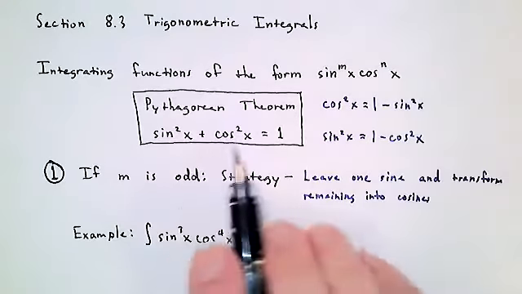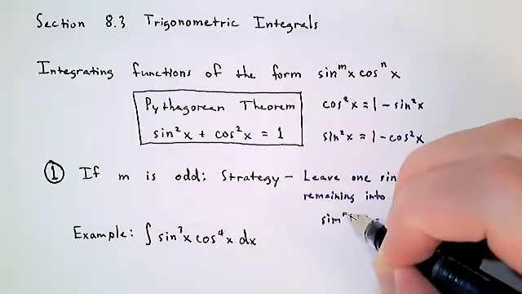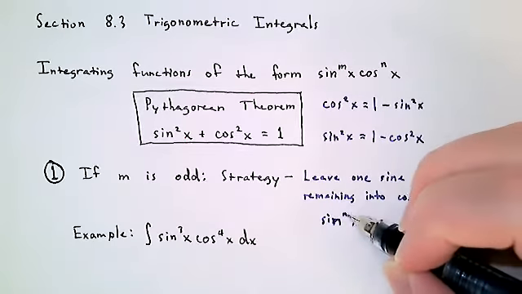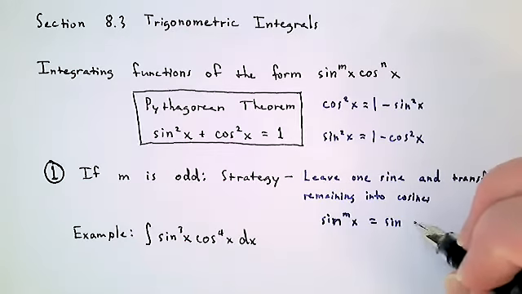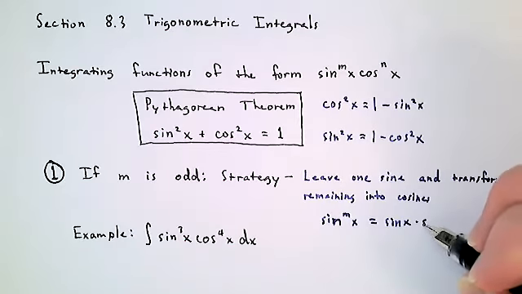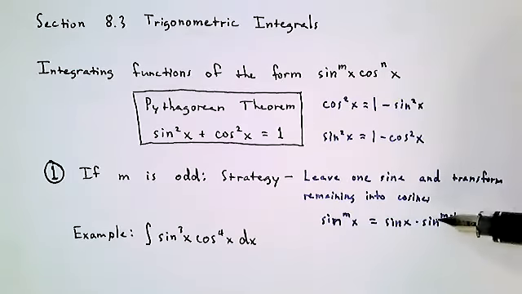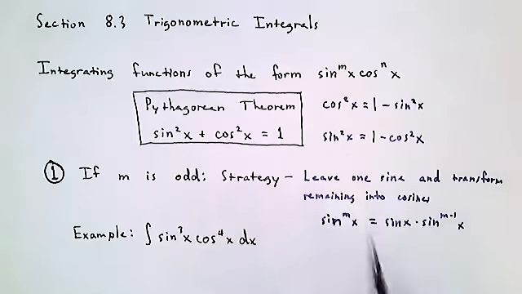So you're going to start with sine to the m of x. You're going to break off one of them, and then the rest of them, in this case m minus 1, is going to be even, and you're going to convert all of these into cosines using this formula for sine squared.